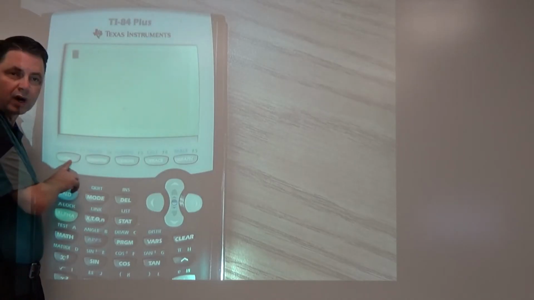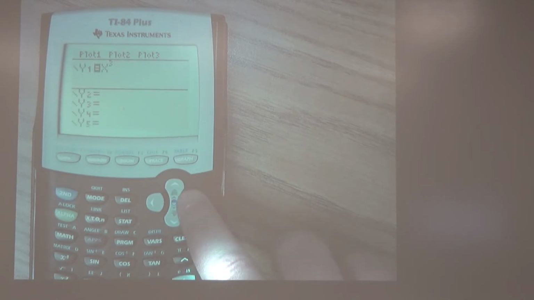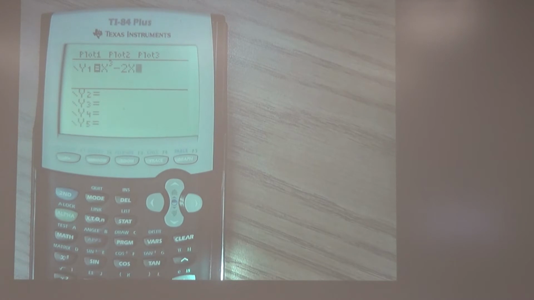All right, press y equals first. Our function was x raised to the third power, arrow to the right to get out of the exponent, minus 2x, and then I can press squared, or I can use the caret again. But there's my function.